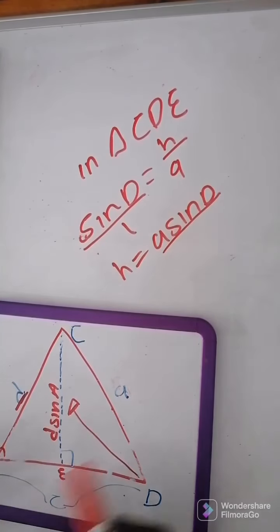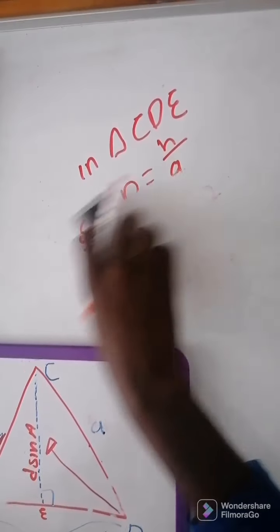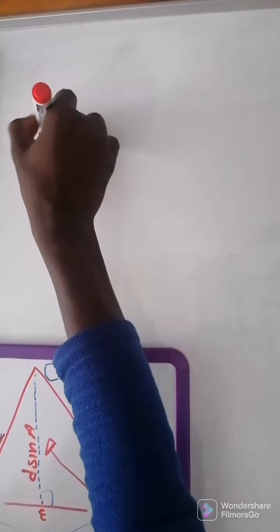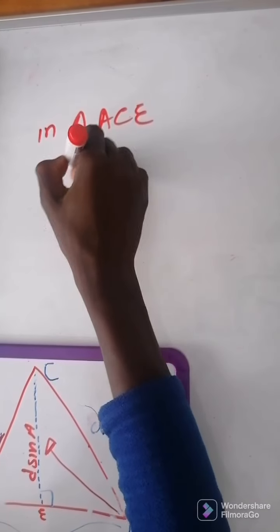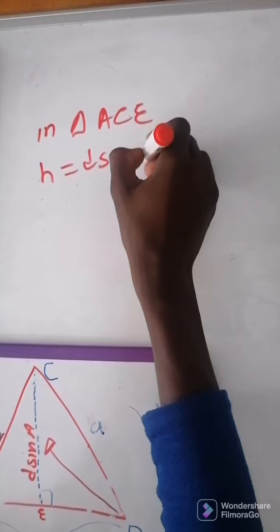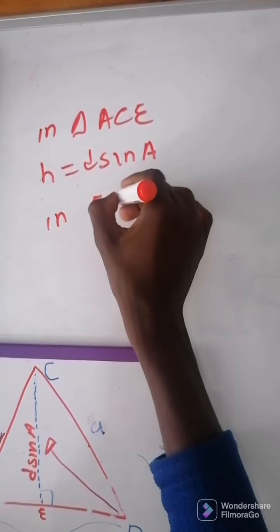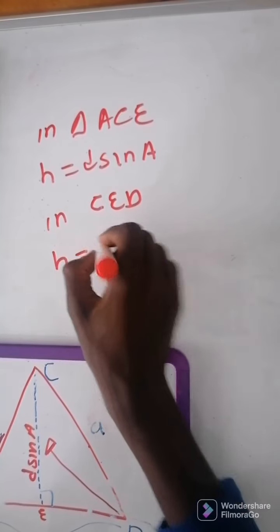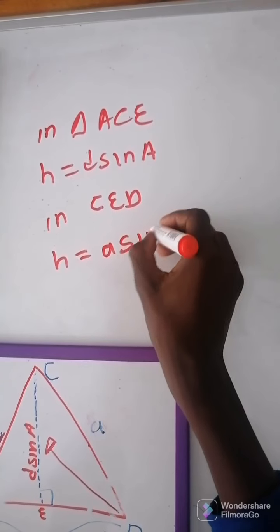Okay, guys, don't worry about English, guys. Okay, but let's continue. Check this out, right? In triangle ACE, H equals d sin A, right? And then in triangle CED, H equals a sine of d.